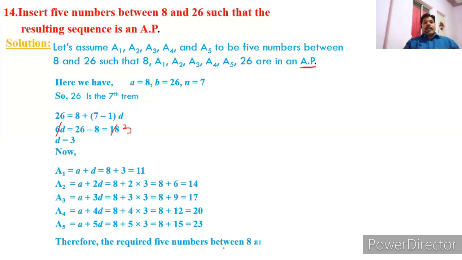Therefore, the required 5 numbers between 8 and 26 are 11, 14, 17, 20, 23. All are understood, students? So in between two numbers 8 and 26, we inserted 5 numbers. The resulting sequence is an AP, meaning we have to insert 5 arithmetic means. That is how we calculated here.